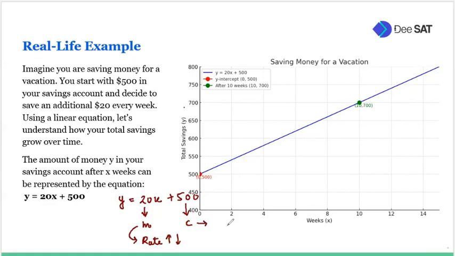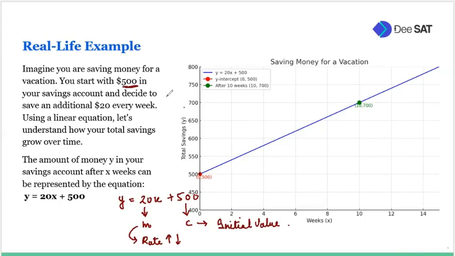C, or the y-intercept, normally tells me about the initial value, the value that I hold in the very beginning. Easily in the graph, you can say that 0, comma 500 is the point from where my saving starts, and it keeps on going with a rate of $20 per week as an increasing factor.